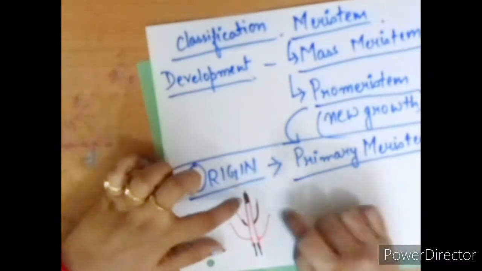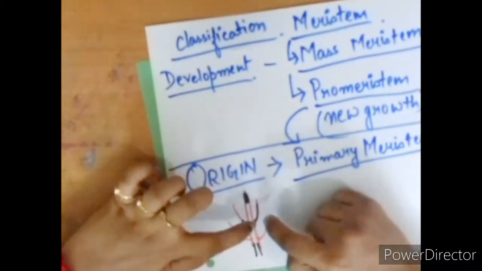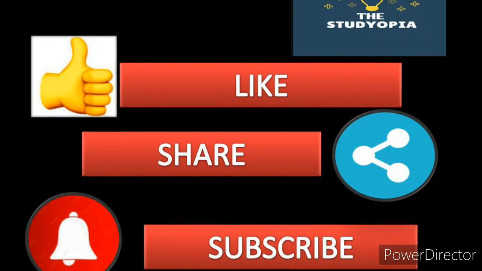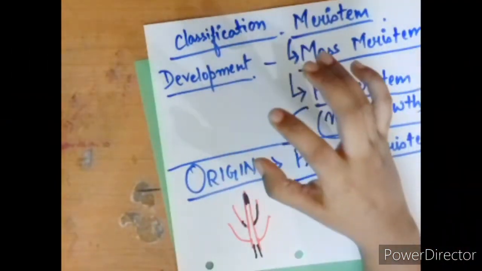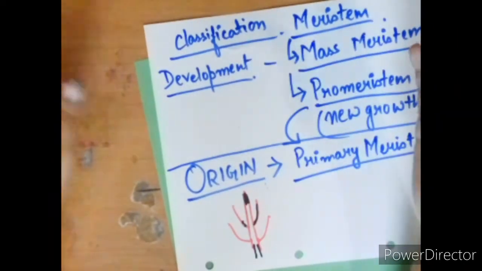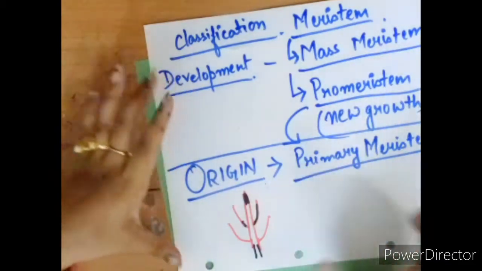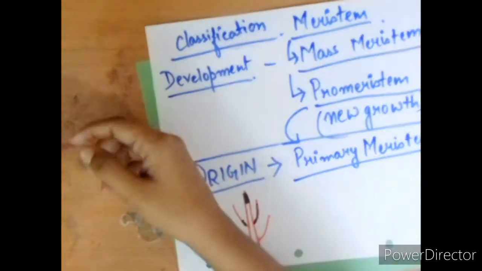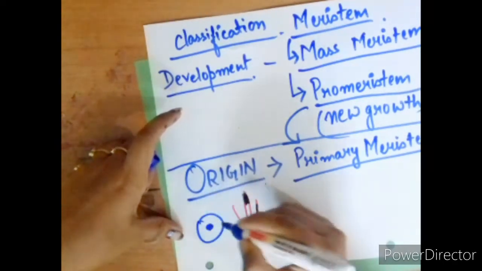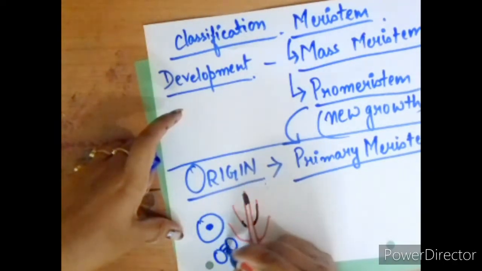So first of all we have to understand the primary meristem. It is mainly concerned with the apical meristem, intercalary meristem, and intrafascicular meristem. Now, vascular cambium or intravascular cambium give rise to secondary permanent tissue. I have told you that intra means it is inside something, okay, and inter means it is in between the two.